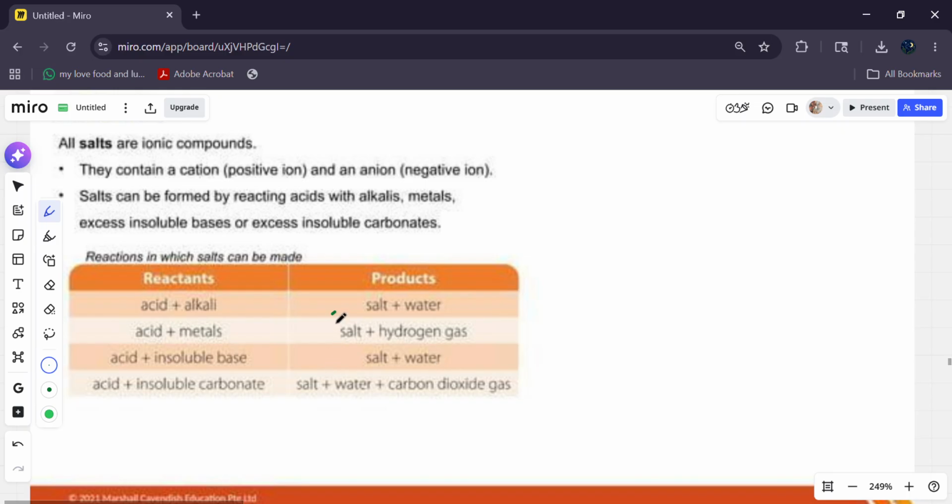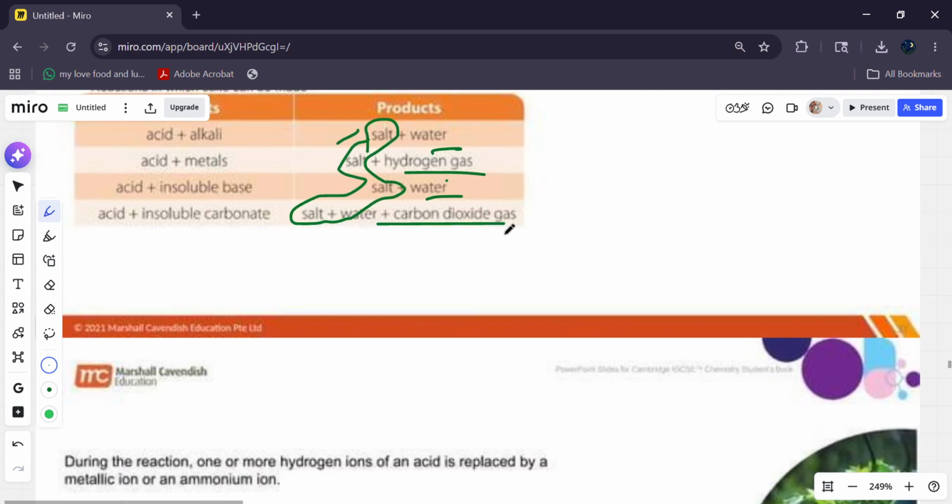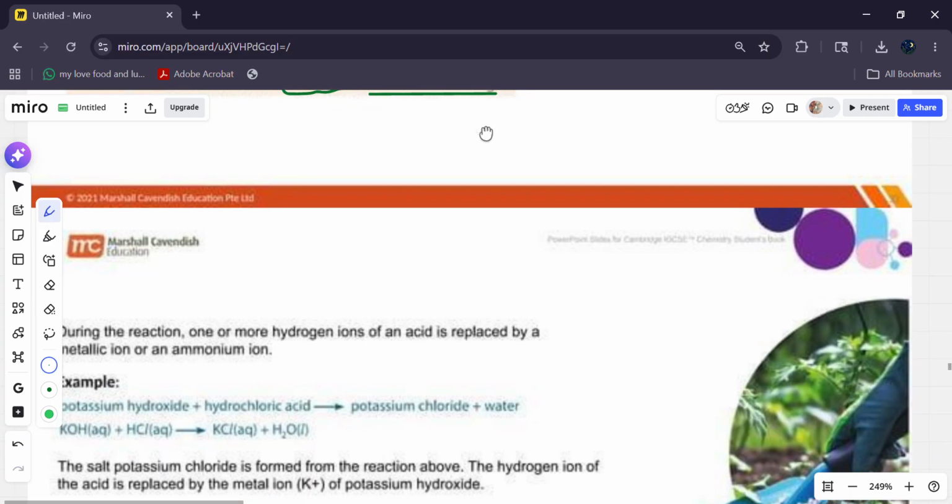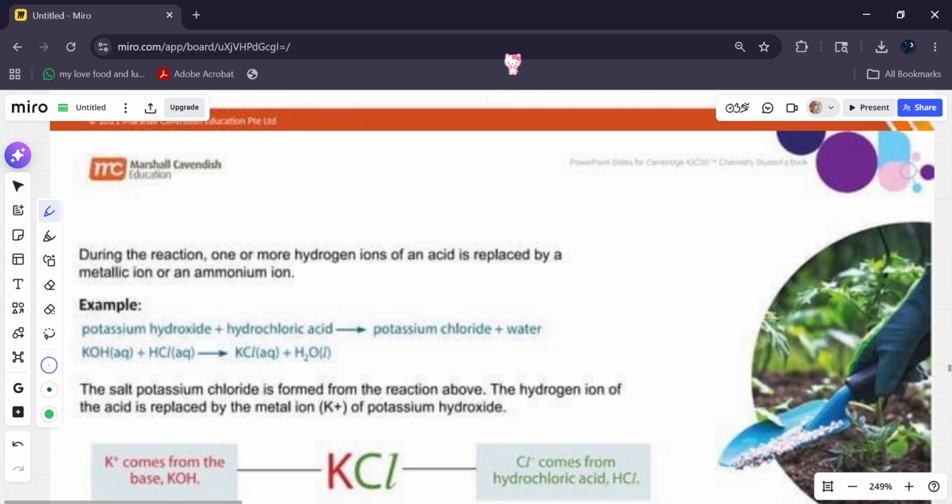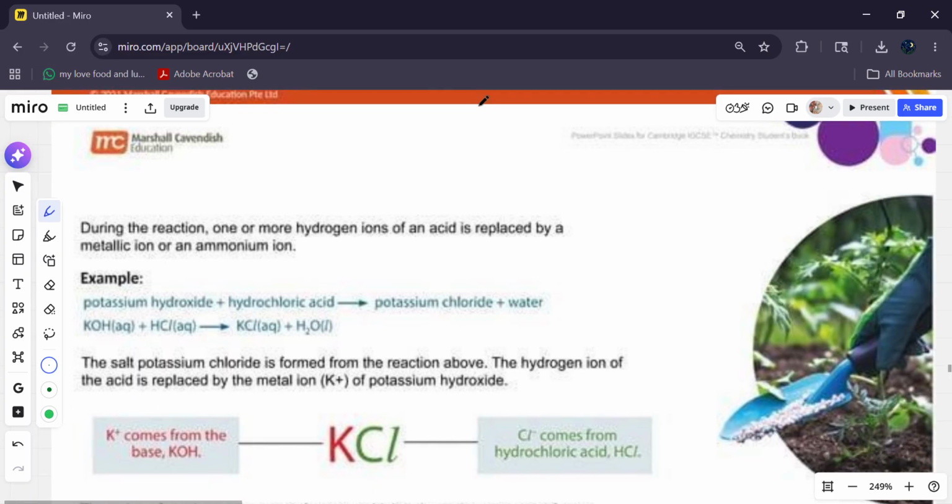Salt is a common product in all these reactions, as salt is always going to be produced. Water is sometimes produced, and hydrogen gas is only produced in a few of them. Now, during the reaction, one or more hydrogen ions from the acid is replaced with a metallic ion or an ammonium ion.